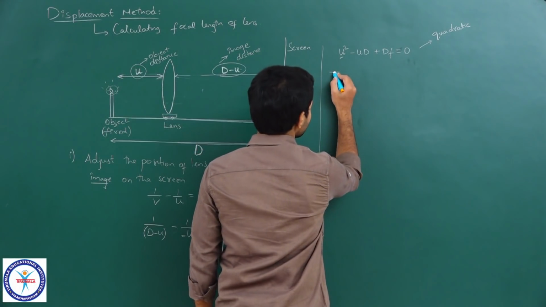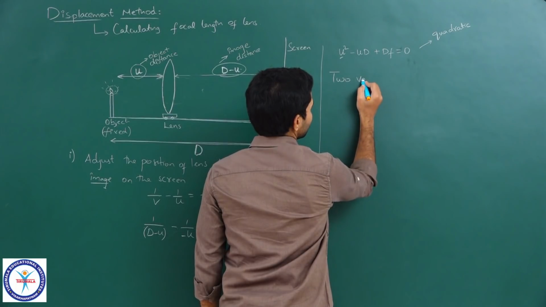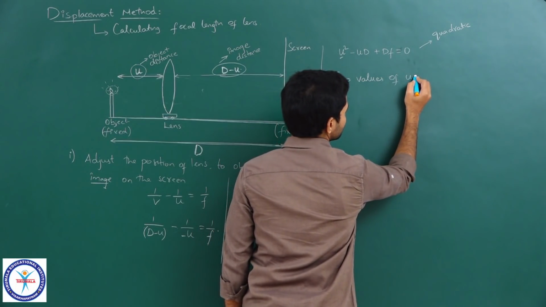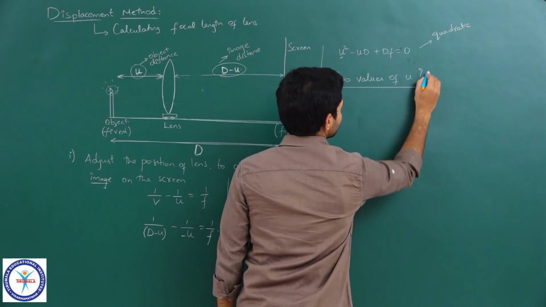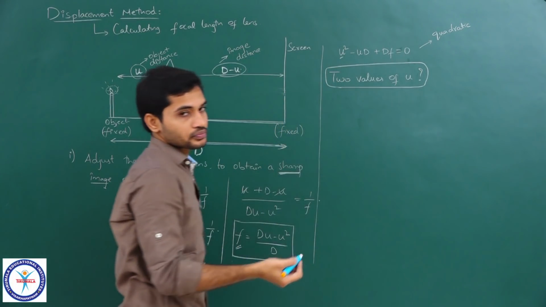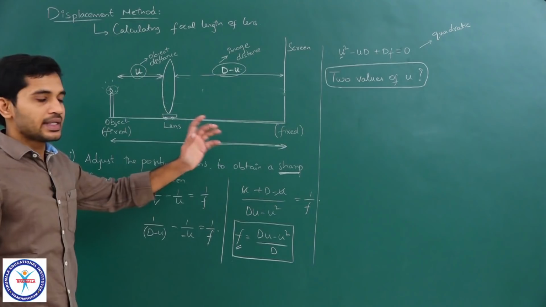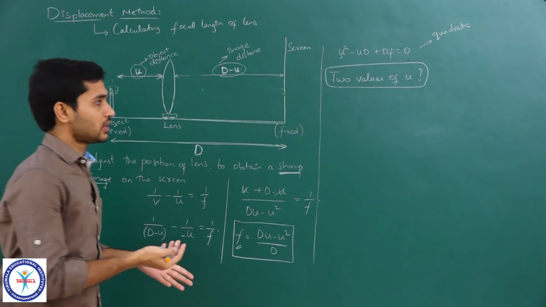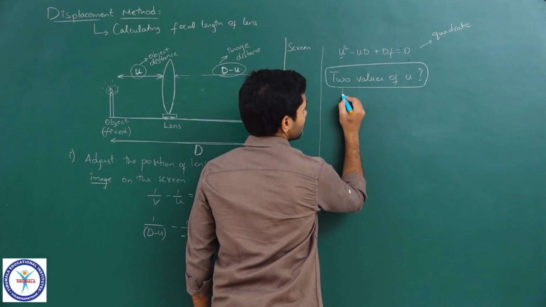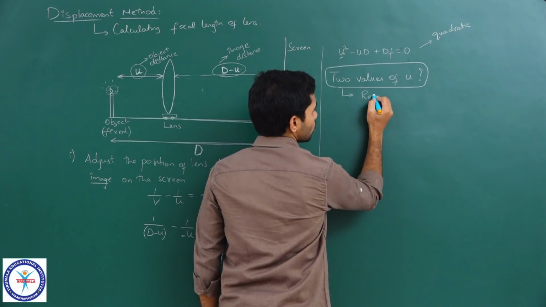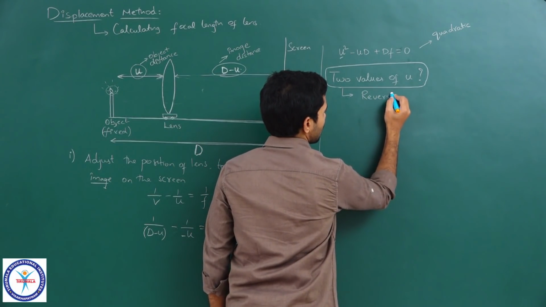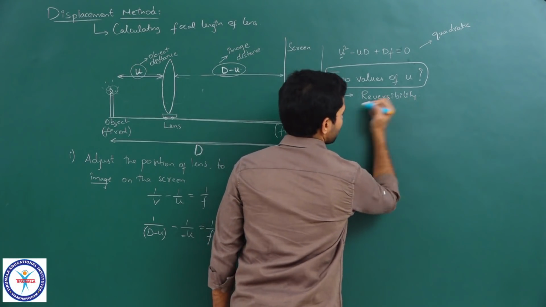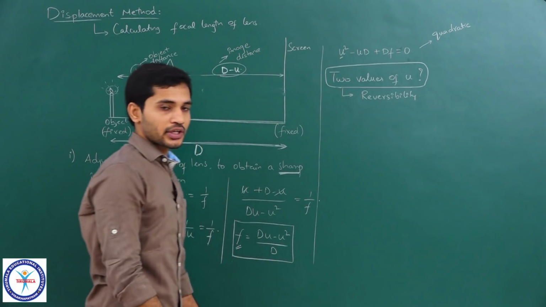Now, that is pretty easy to understand. This is something which you have known from the starting of this chapter itself, which is reversibility. Okay. Now, what is the connection between these two? Can you think on your own?